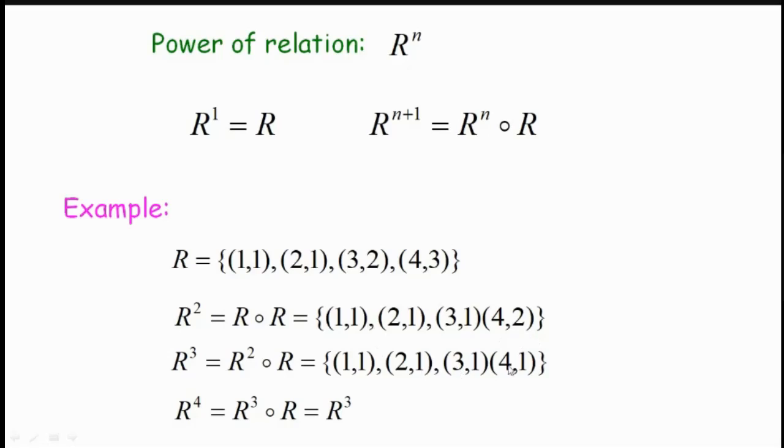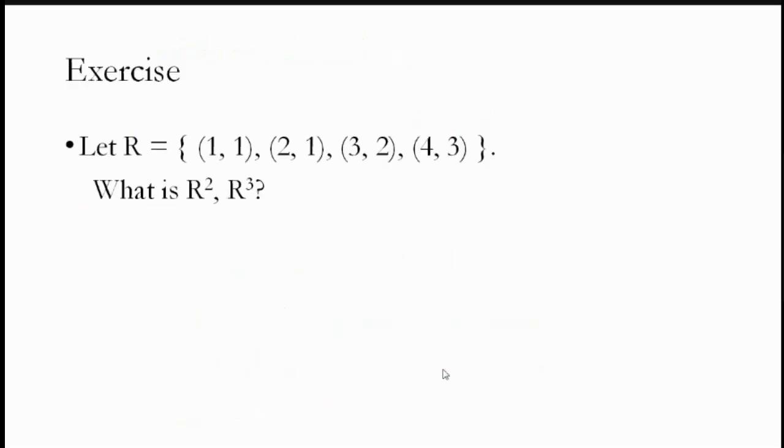Like that the relations have been formed, and finally R4 was calculated as R cube composed with R, and it gives the same value you got here. Finally, consider this exercise for this lecture. Let R be (1,1), (2,1), (3,2) and (4,3). What are R square and R cube? You can solve it at your end.